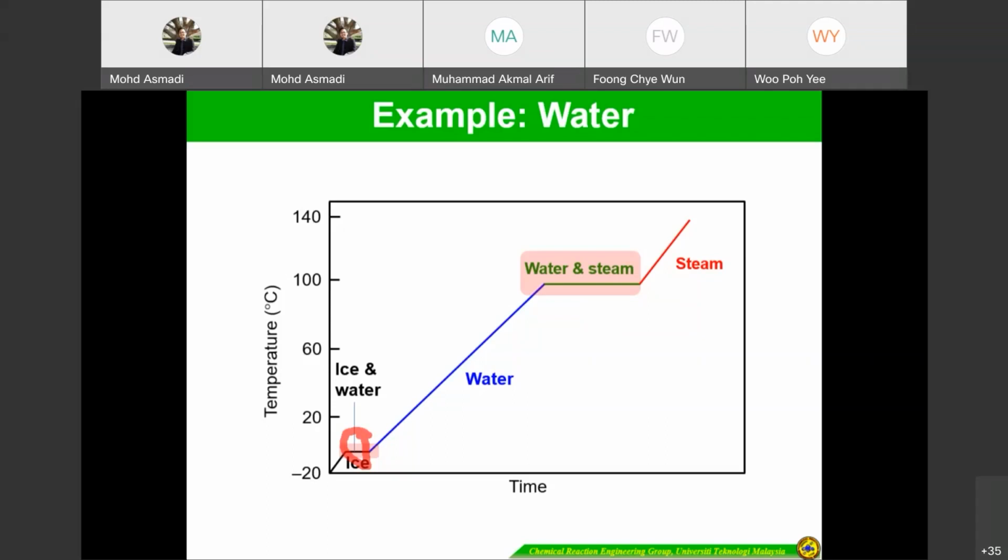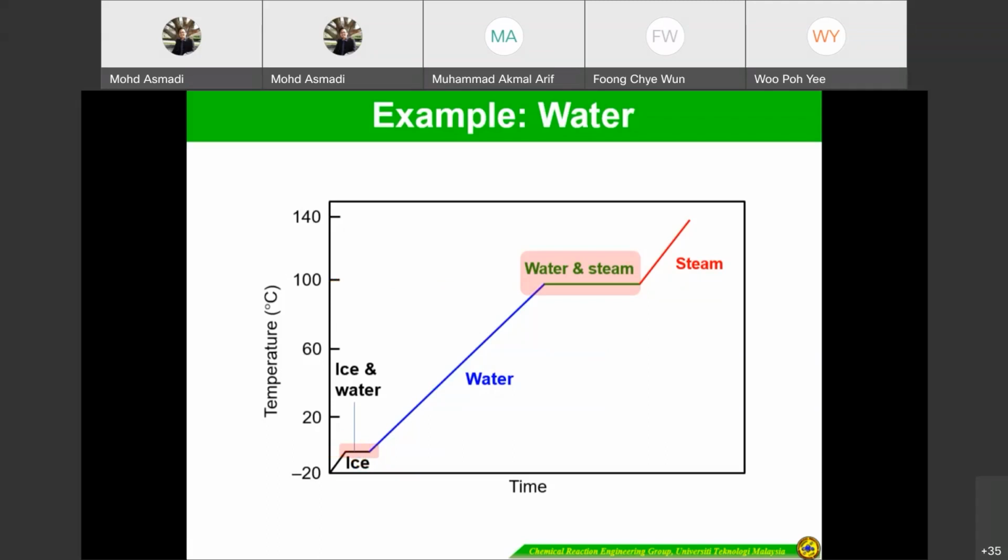Similarly at 100 degrees C. If you boil the water, you can see the bubbles and also the liquid, and that is what we call a two-phase system.